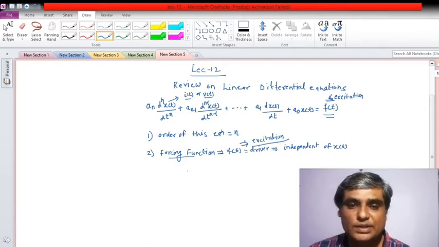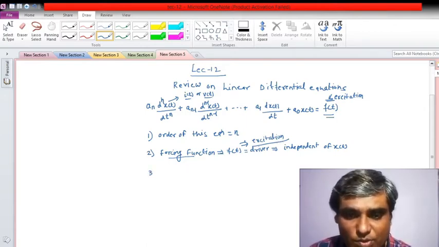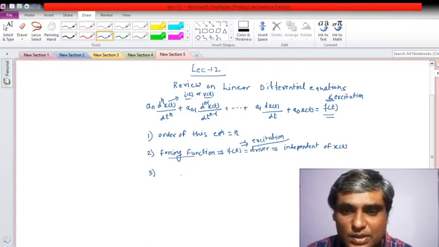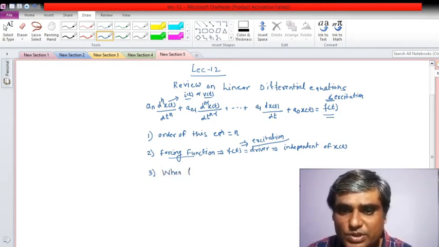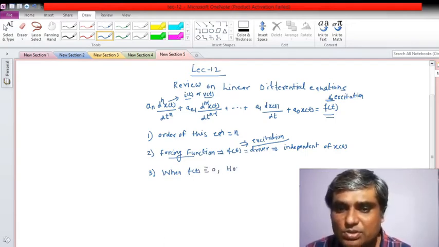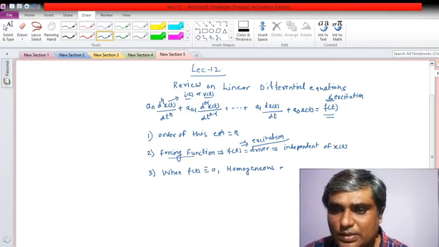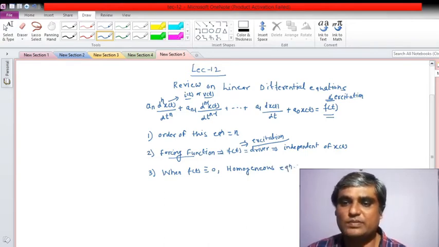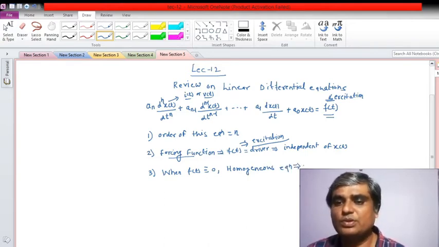Then the third point I would like to mention is that when your forcing function f(t) is identically 0, that kind of equation is called a homogeneous equation. This is in pure mathematical terms.